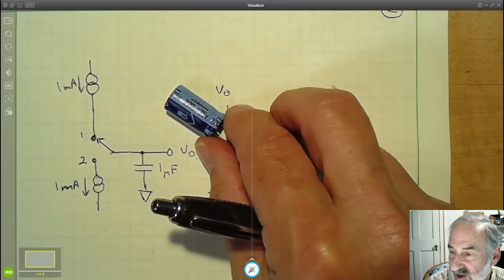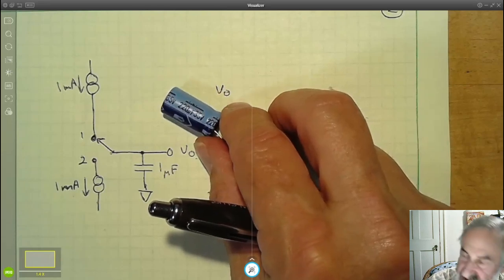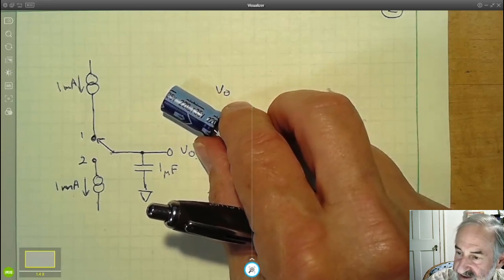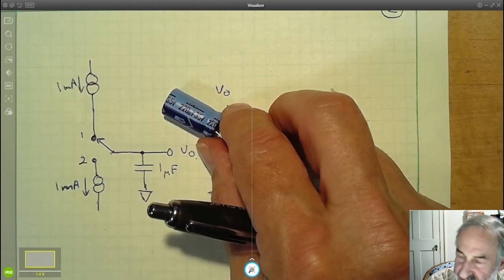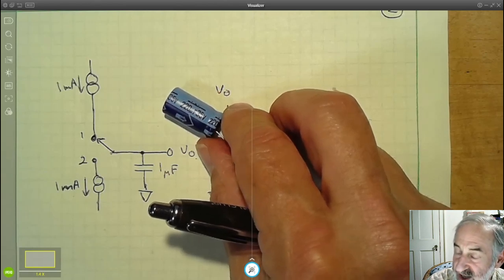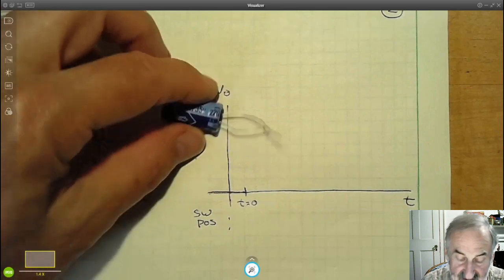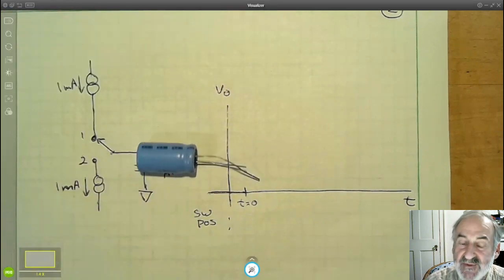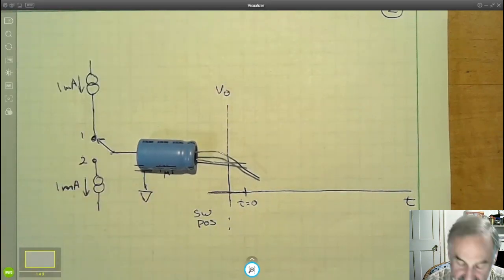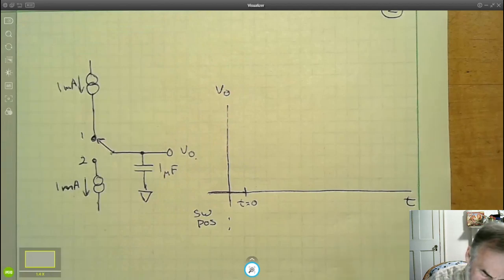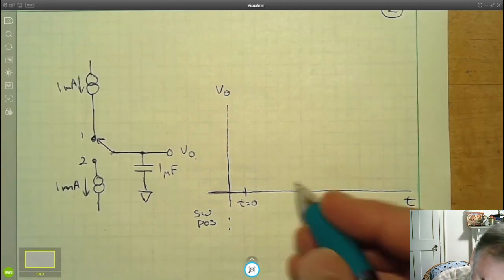How do I know that? Well, I can't apply a negative voltage to this capacitor. Electrolytics don't work negative. And I shouldn't apply more than 35 because it's not guaranteed to work. But if I were to apply any other voltage and remove the leads and then show you this capacitor the way I did, there would be no way to know what value this has. So I have to always specify an initial condition. I'm going to specify an initial condition here.